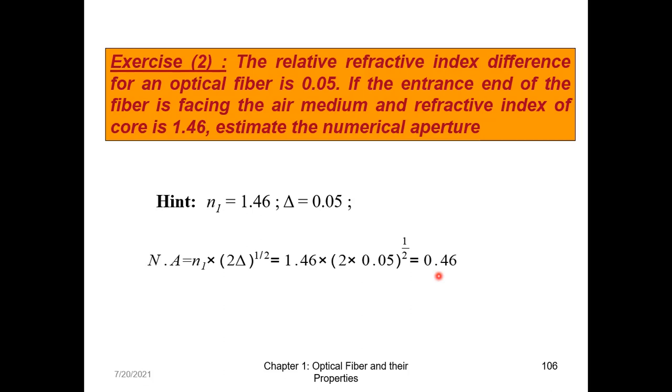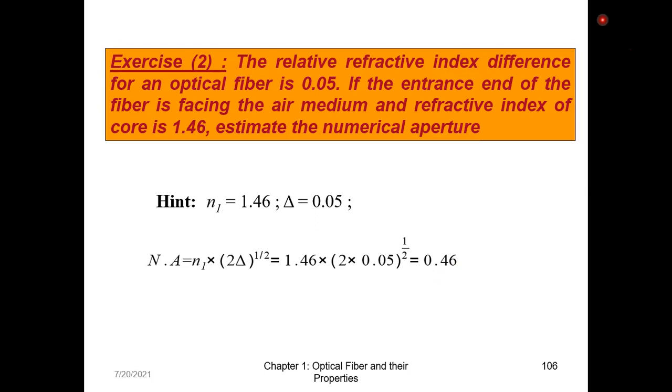An optical fiber has a numerical aperture of 0.20. Okay, an optical fiber has a numerical aperture of 0.20 and a cladding refractive index of 1.59.